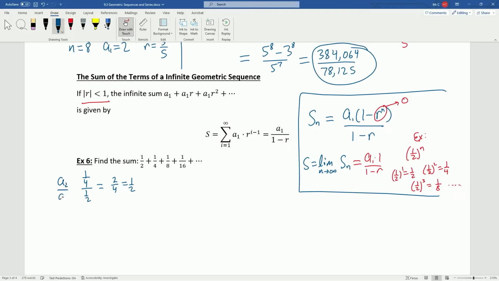So that's my a2 over a1. What's my a3 over a2? It's 1/8 over 1/4, which is also 1/2. And a4 over a3, that's 1/16 over 1/8, also 1/2. So yes, it's geometric.